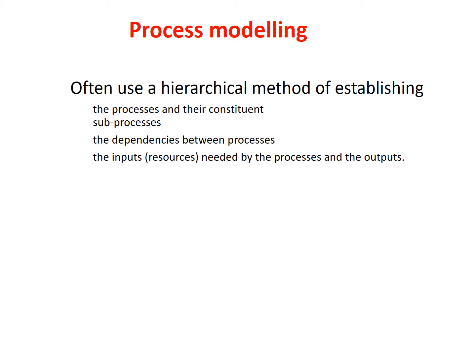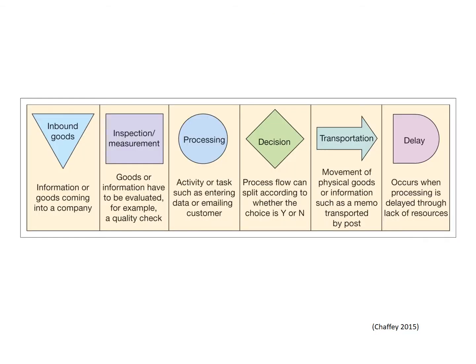Step 1, step 2, step 3, step 4, step 5, step 6, and then you may have sub-processes that need to be done and cross-checks within processes, and also what the dependencies are within certain stages of that process. And what resources are actually needed to ensure that this process continues.